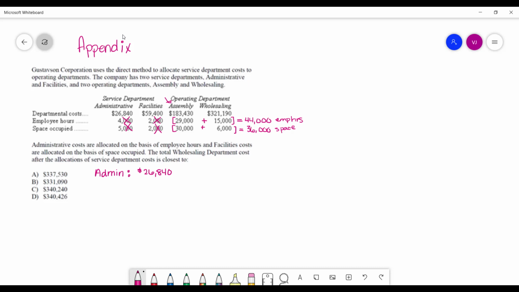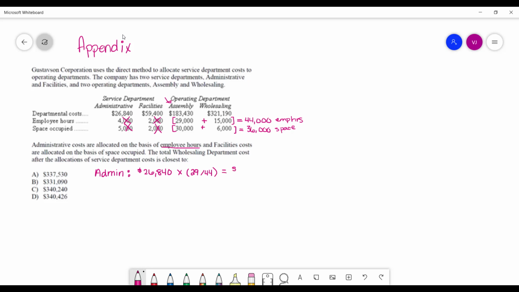Administrative costs are allocated on the basis of employee hours, so we do a ratio. The assembly department used 29,000 out of the total 44,000 employee hours between the two operating departments. Whatever that proportion is, we'll multiply it by 26,840.